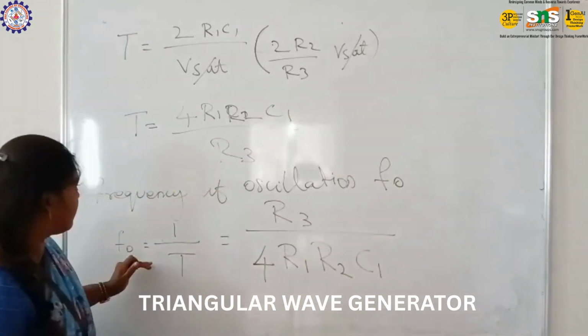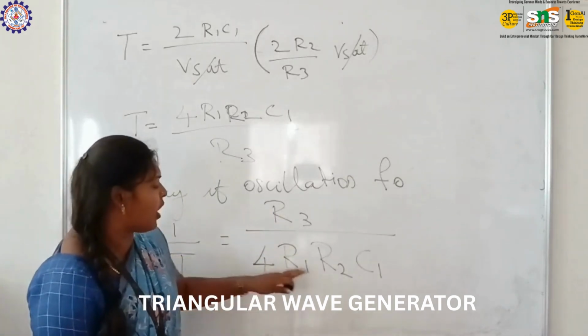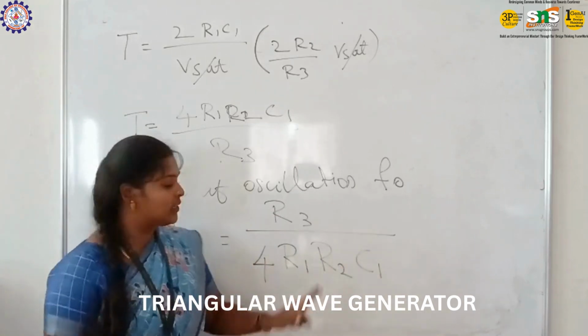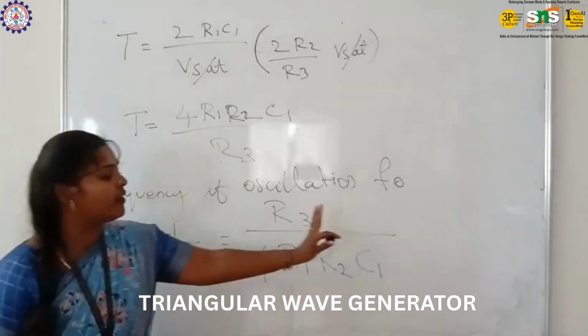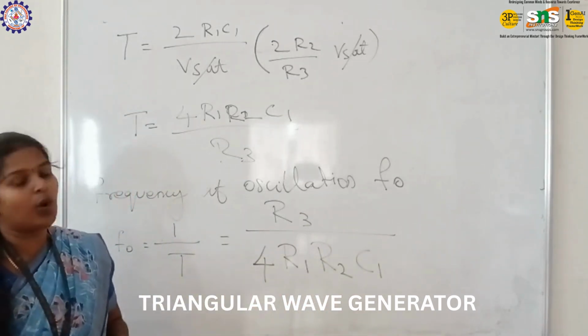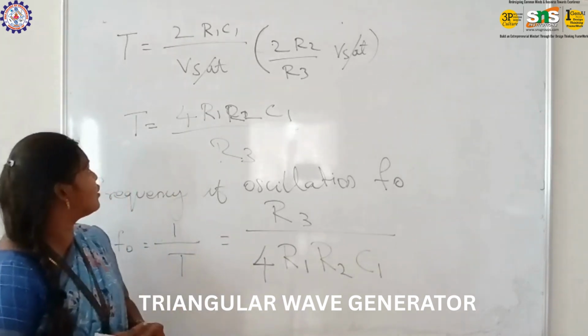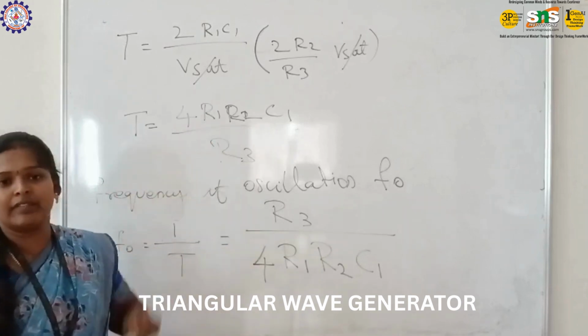So F0 equals R3 by 4 R1 R2 C1. This is the frequency value of this triangular wave generator, and the amplitude value is 2 R2 by R3 into V saturation. So this is the conclusion of this triangular wave generation.